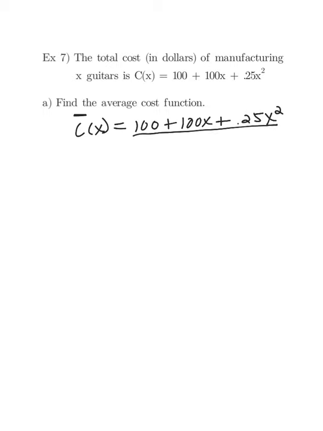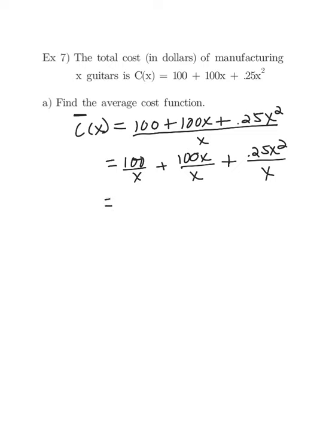So we are going to divide that by x. Just to help you see this a little bit better, that's the same as having 100 over x plus 100x over x plus 0.25 x squared over x.